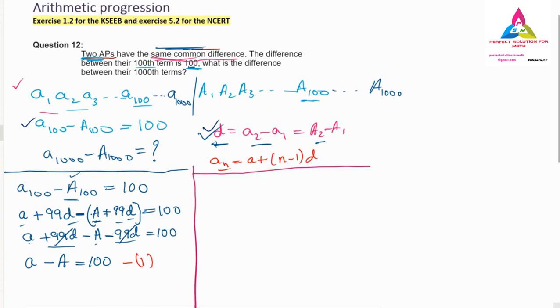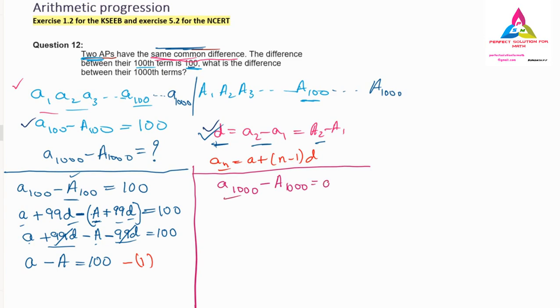Coming to the next part, what we have to find is small a1000 minus capital A1000. So the 1000th terms we have to subtract, and what is the final answer, that we have to find. So how to find that? Small a1000 and for the second AP capital A1000, we use a similar formula. What is a1000?